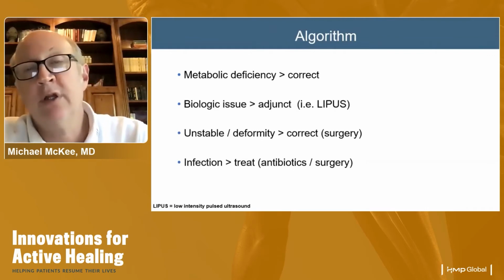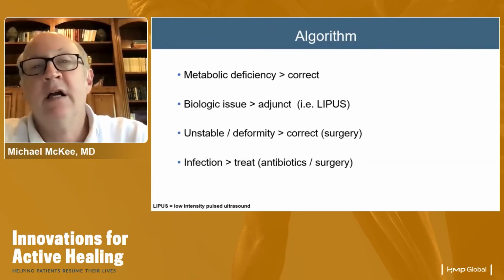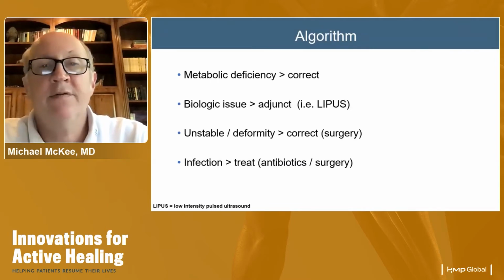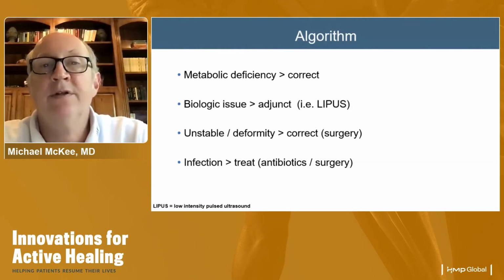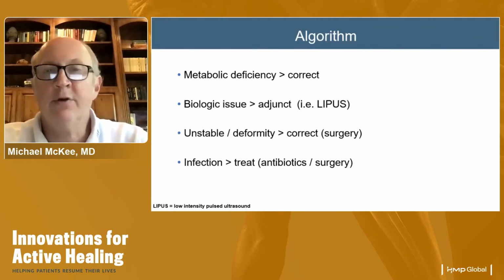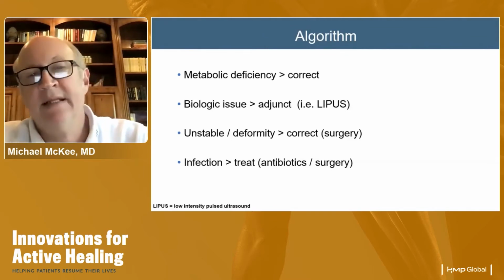And if you don't, you can at least optimize the environment that your surgery is going to take place in to make the chance of technical success maximal. So I look for and identify metabolic deficiencies, especially in patients who have a fracture that should have healed, or you would have expected to heal, but that didn't.